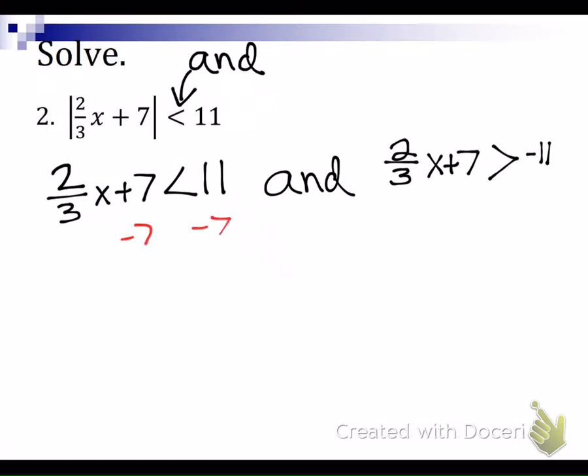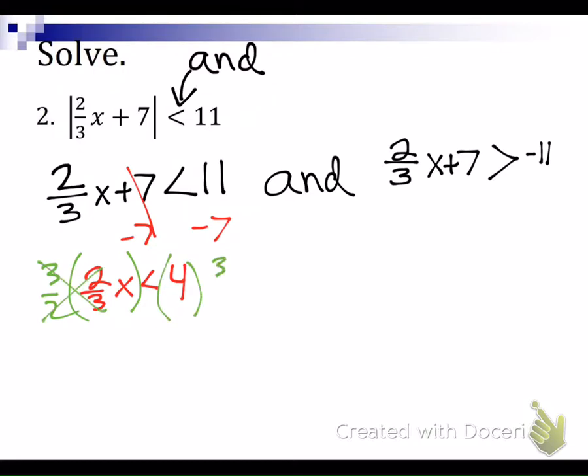All right, solve these separately. So minus 7. 2/3x is less than 4. And then we have to multiply by the reciprocal, 3 over 2. X is less than, you are correct, 6.